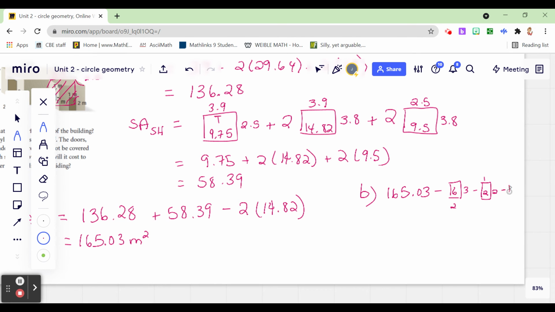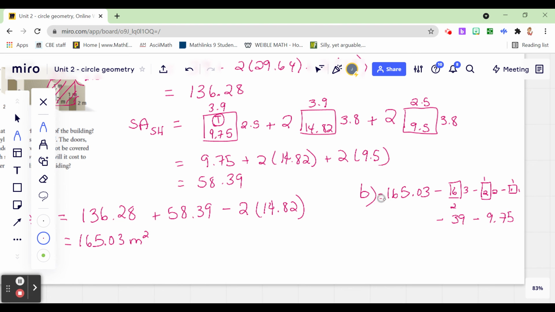And then we're going to minus the little itty bitty window, which is a 1 by 1, which is just 1. Plus, I'm also going to be subtracting the 2 roofs, which are 39 and 9.75. So that's why I put those tops on there, right? To remember that that's my top. So I'm going to be subtracting that.